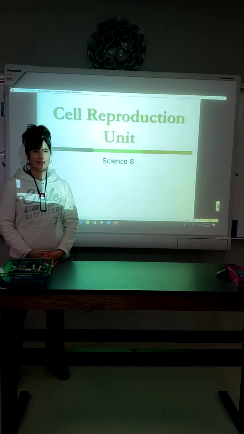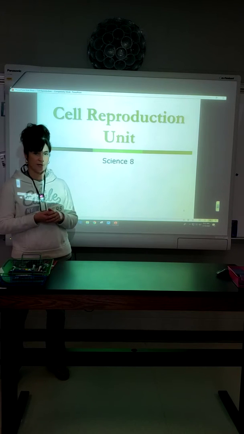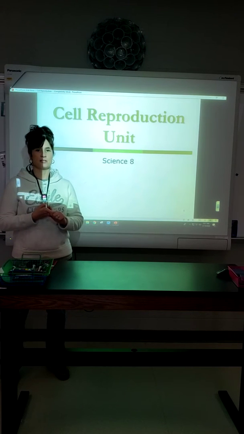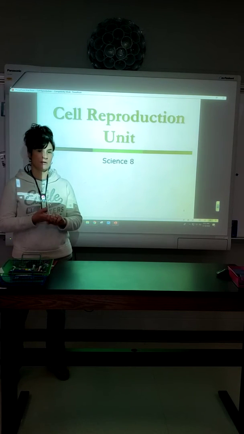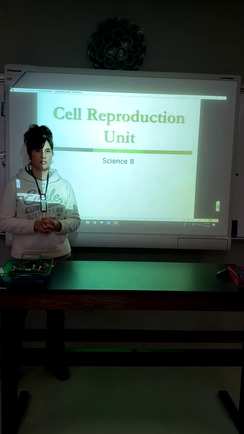If you did not get the papers from the school, in that packet was the new notes for the cell reproduction. There was the Mad Minute paper, and then there were the flashcards. So if you have a printer, you might want to print these at this time. If you don't have a printer, then you're going to just need to follow along with me.